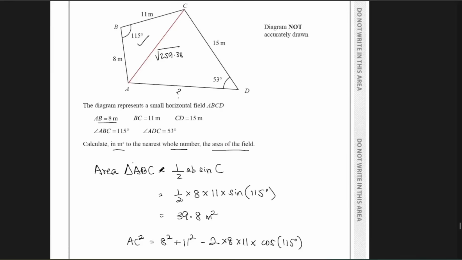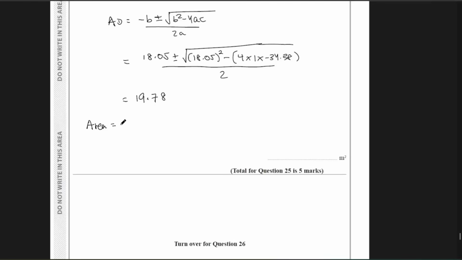Finally, we can use half AB sine C to calculate the area of triangle ACD. So area of triangle ACD, we can use half AB sine C. So half, one of the adjacent sides is 19.78.